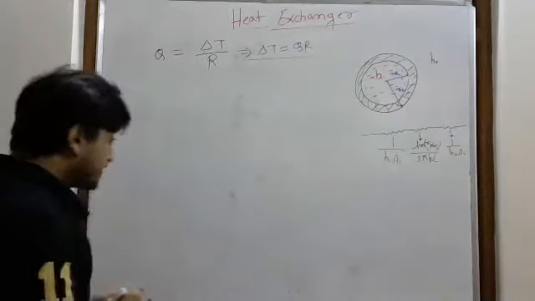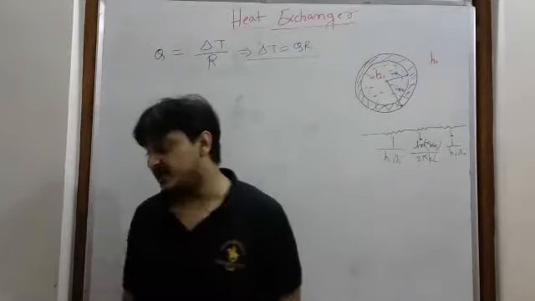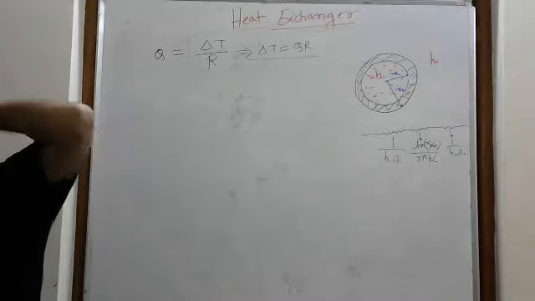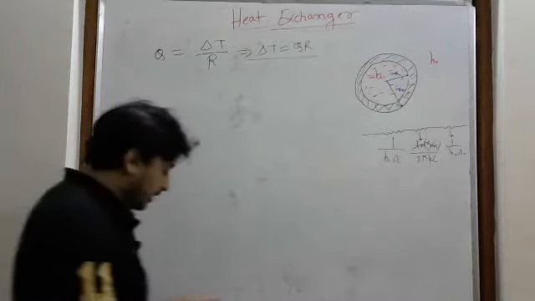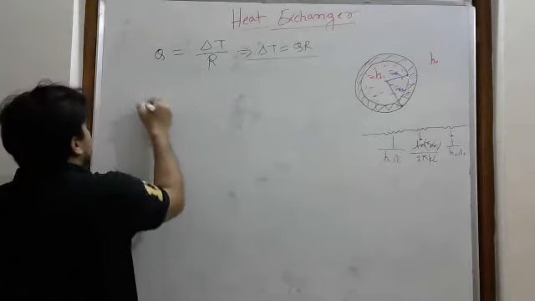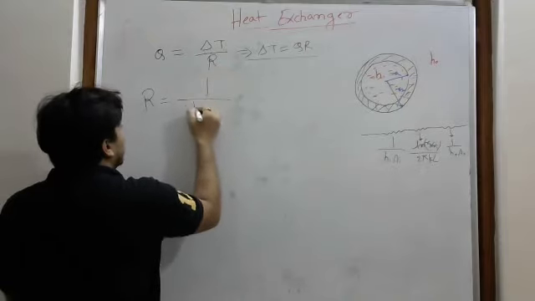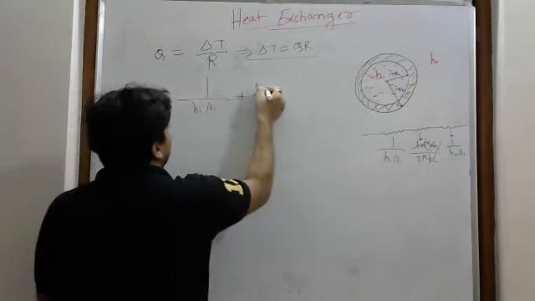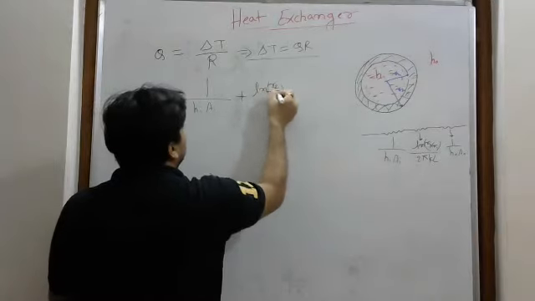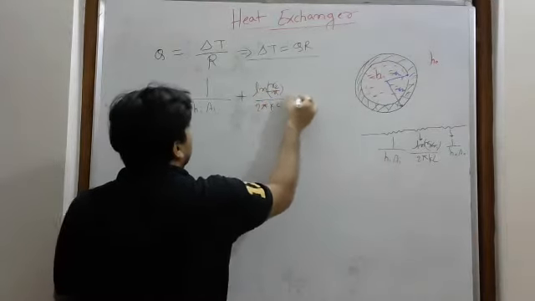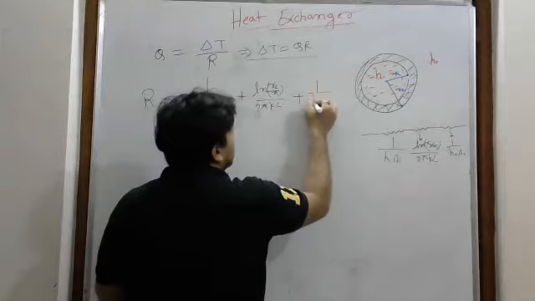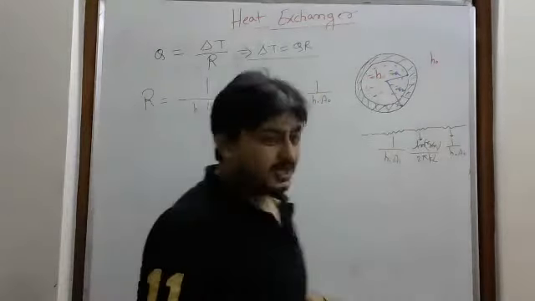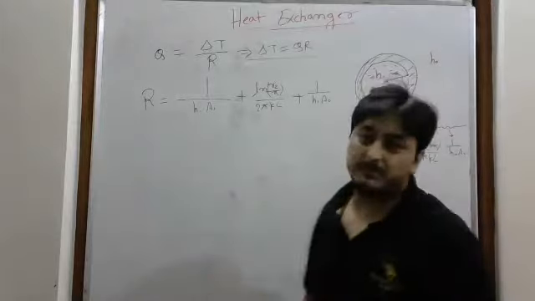This is the overall, effective resistance of the heat exchanger. So the total resistance is R equal to 1 by HiAi plus ln(R2 by R1) by 2 pi K L plus 1 by HoAo. Now I am assuming the thickness of the pipe is very, very small.